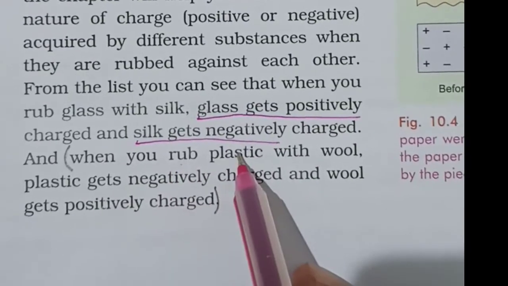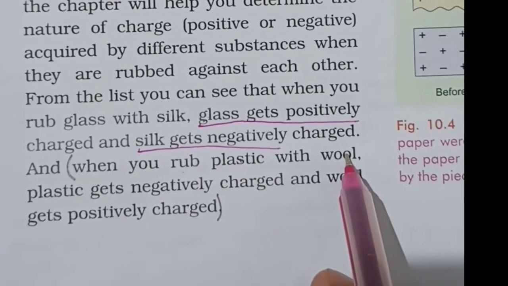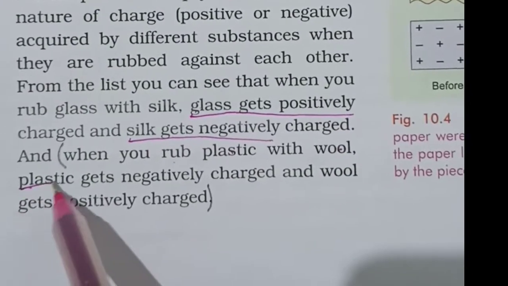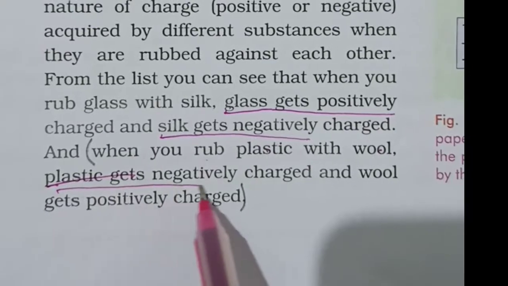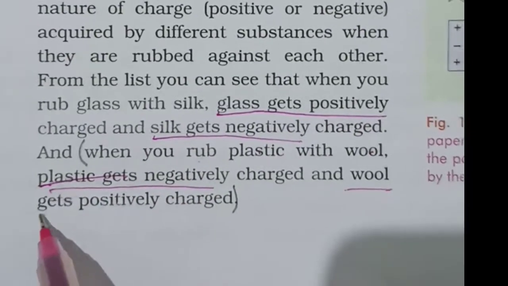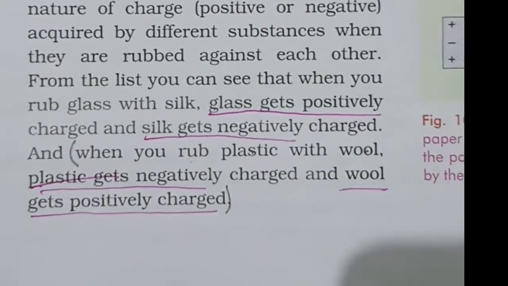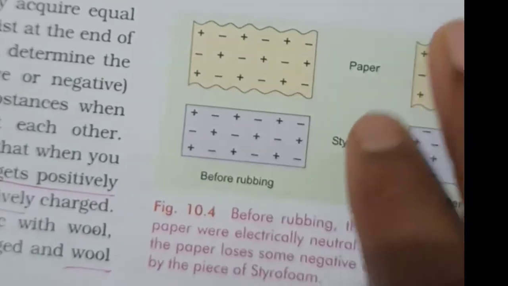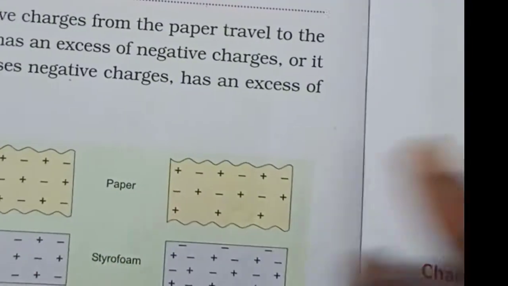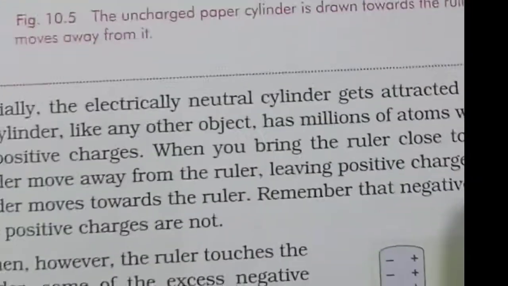When we rub plastic with wool, the plastic gets negatively charged and the wool gets positively charged. So this was charging by rubbing. That means we can charge a body by rubbing.